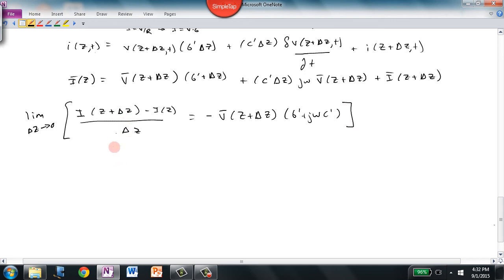The left-hand side of this equation just becomes the derivative of the phasor current, dI of Z dZ, and on this side, delta Z goes to 0, so I'm left with minus V of Z times G prime plus j omega C prime. And so sometimes this one is just written as minus Y V bar of Z. So the derivative of the phasor current at the input end is equal to minus Y times V bar of Z, where Y is G prime plus j omega C prime.